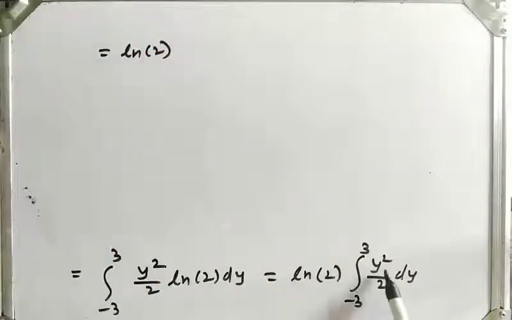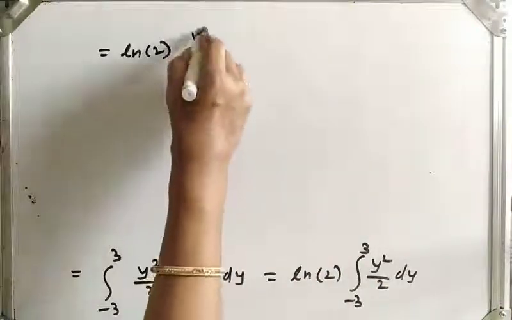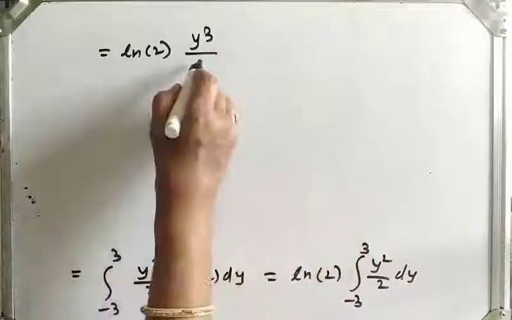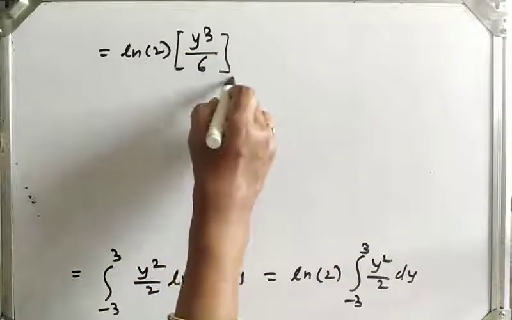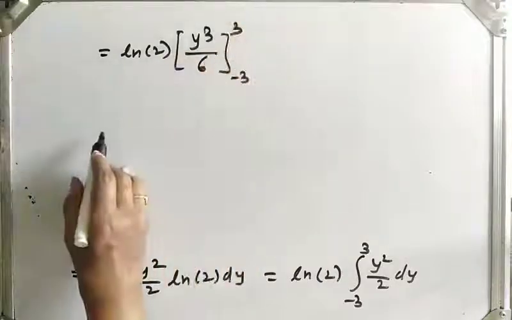Okay, what will be the integration of y square by 2 dy? That will be y cube by 3 into 2, that is 6, with limits minus 3 to 3.